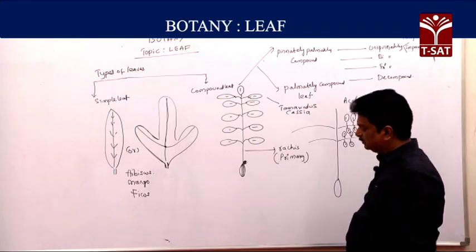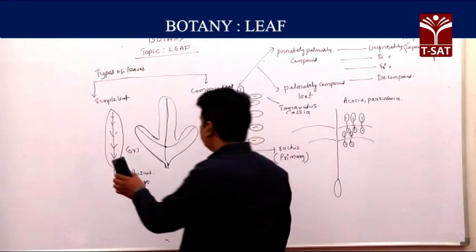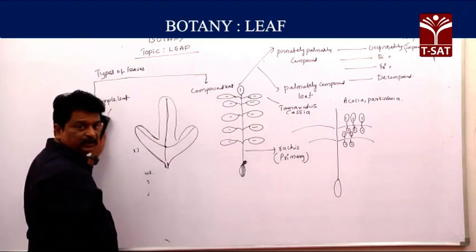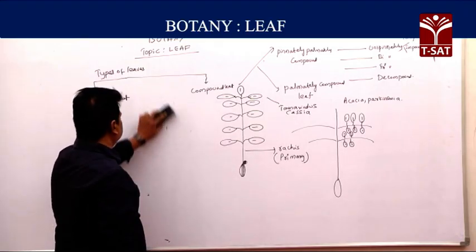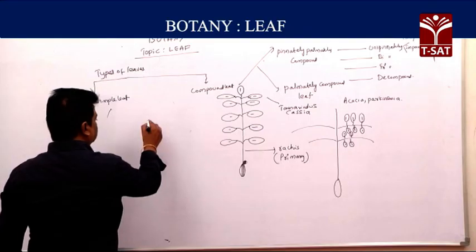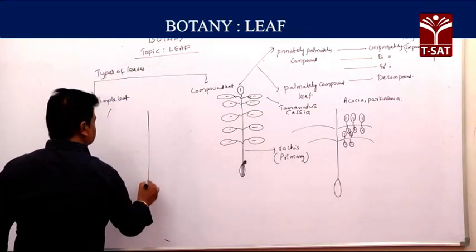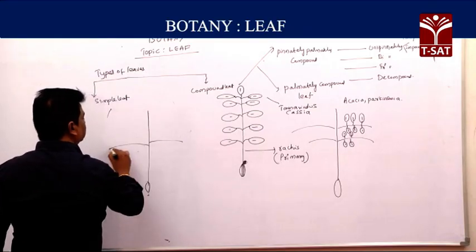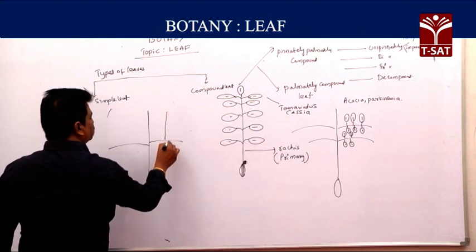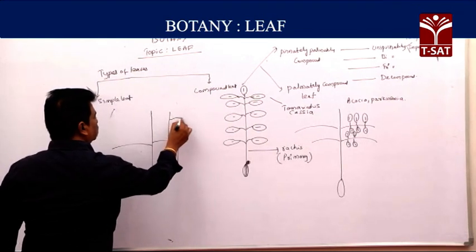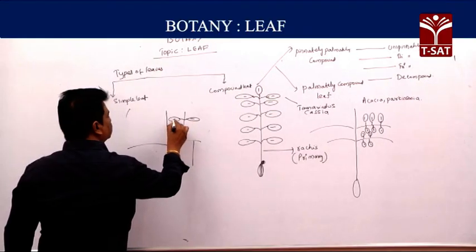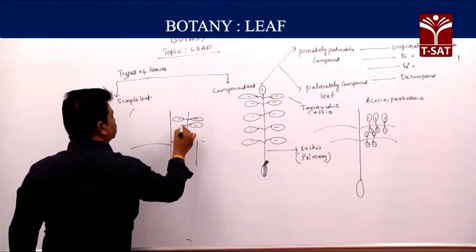And third one, tripinnately compound. In tripinnately compound, the primary rachis gives secondary rachis, the secondary gives tertiary, and leaflets are present on the tertiary rachis.